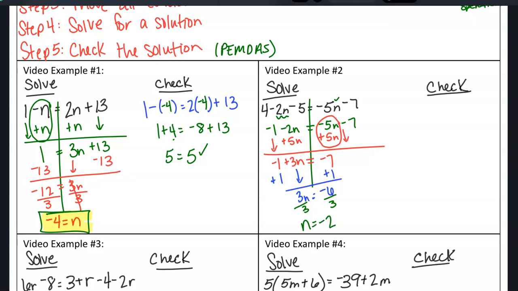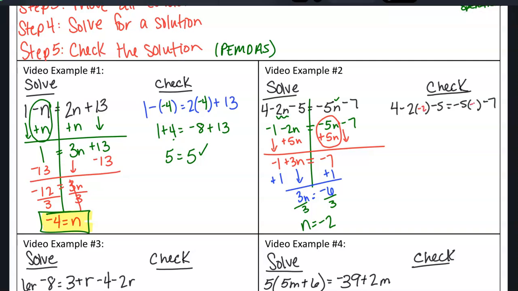But until we mark that off as being correct, let's check our work. So we have 4 minus 2 parentheses minus 5 equals -5 parentheses minus 7. You can see how our check steps become more important because now we don't just have a singular number over there.